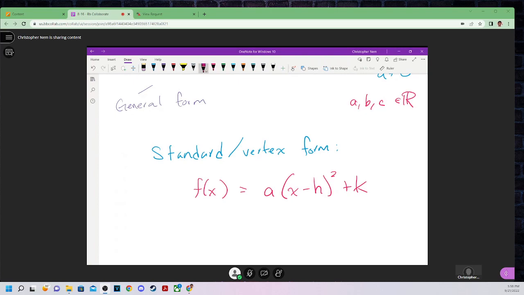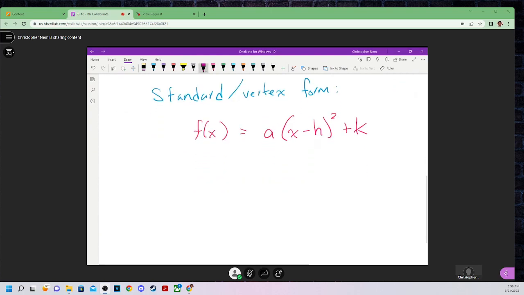I use the letters h and k for a reason, because that's what you're familiar with from transformations. In vertex form, we say that the vertex is located at h comma k. H is your x value, k is your y value. That is where your vertex is located.